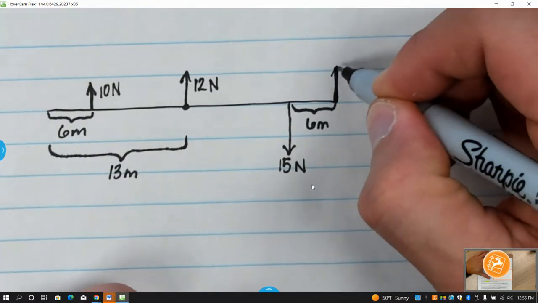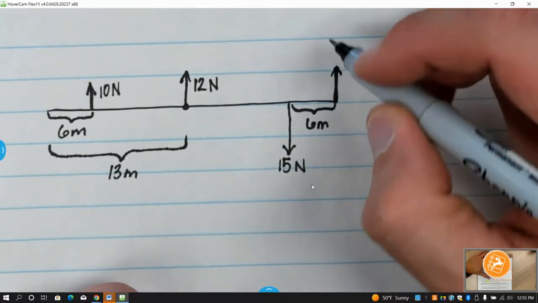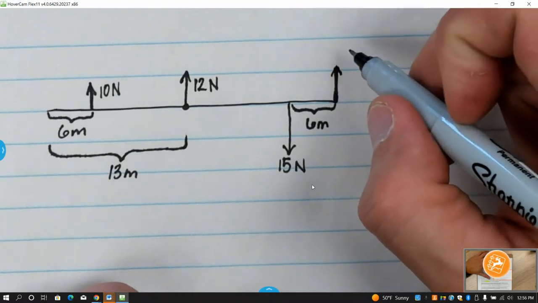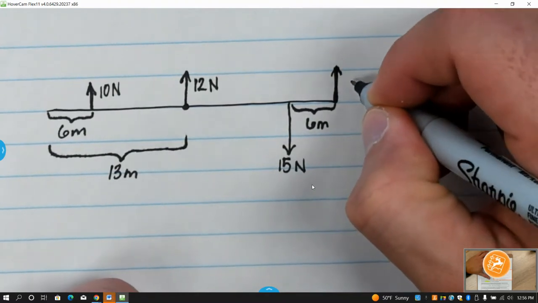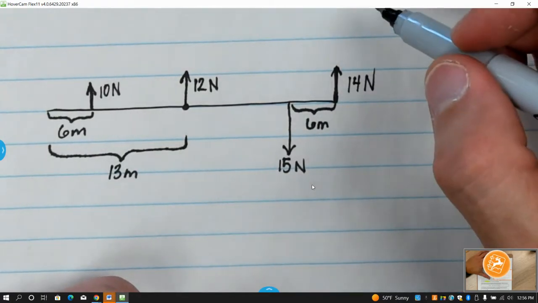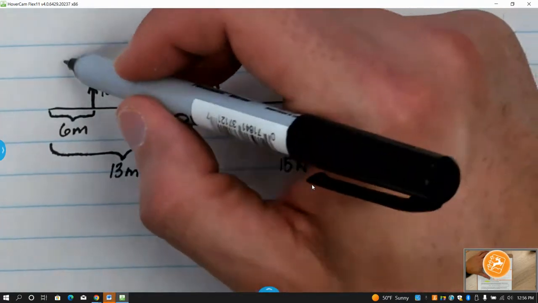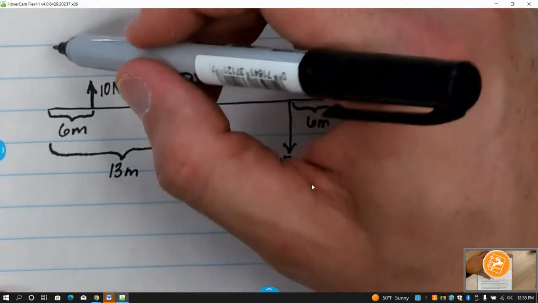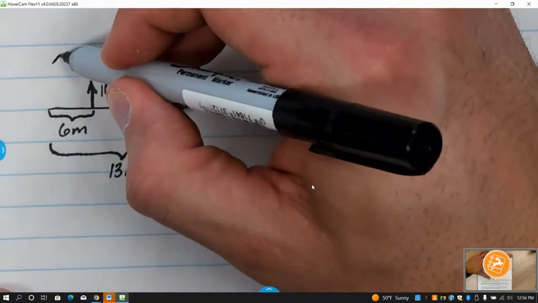Let's go with... I like 4. Nah, we're going to go a little... 14 is fine. We do 14. Okay, and the only other thing that the drawing has on your quiz that this doesn't have.